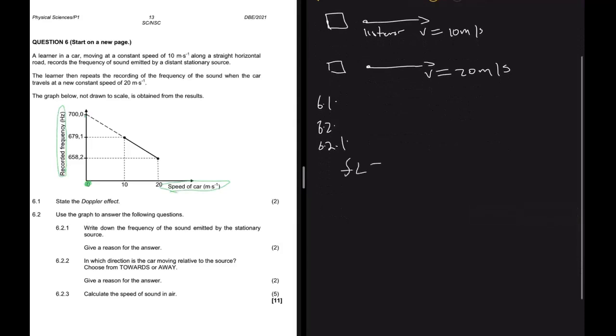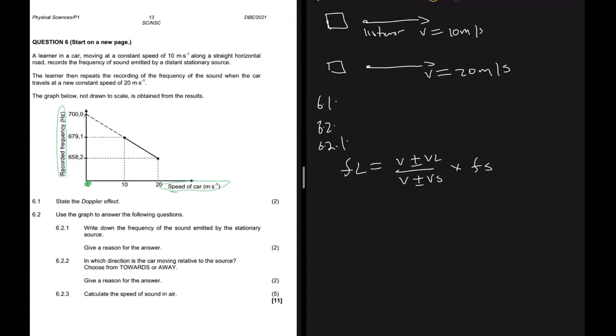So the equation we have for the Doppler effect is that the frequency observed by the listener equals V plus or minus VL divided by V plus or minus Vs, multiplied by the frequency emitted by the source. So for us to find the frequency emitted by the sound source using this equation, we need the frequency observed by the listener to be equal to the frequency emitted by the sound source.